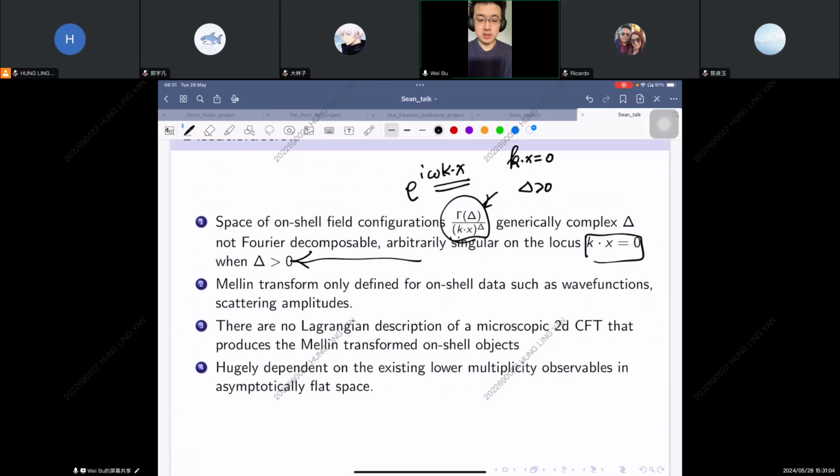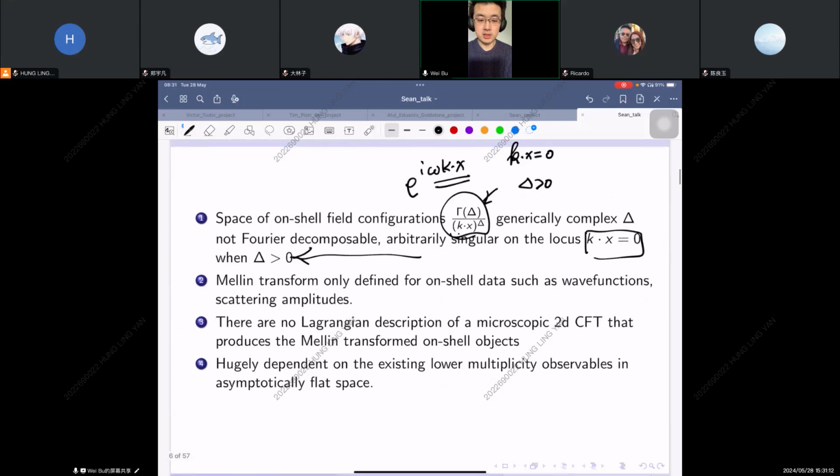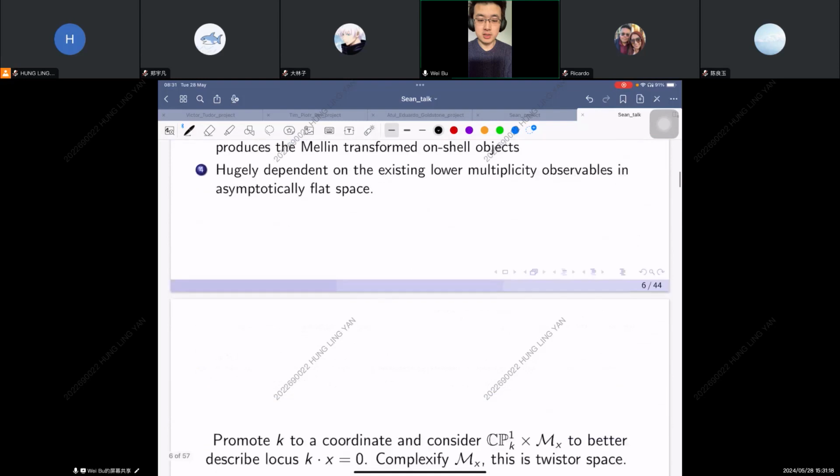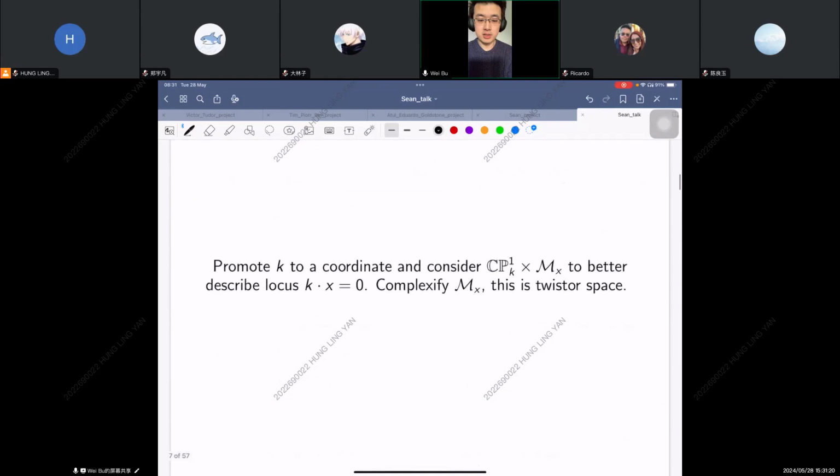So what we were proposing is you can promote k to a coordinate. It's a coordinate on S2 because, like we said earlier, it's characterizing the direction of some normal null vector in 4 dimensions. There's a CP1 worth of it, or S2 worth of it, living at infinity. So we promote k to a coordinate and consider a projectivized null cone bundled over Minkowski space. So something like this.